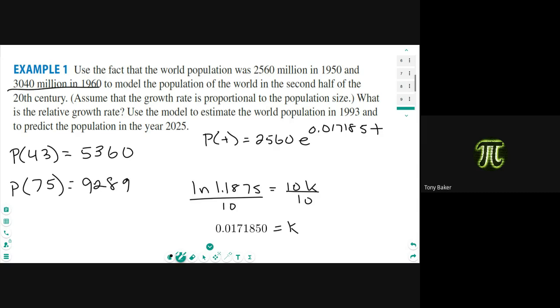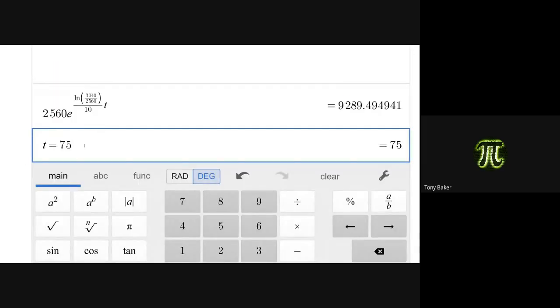Okay. But that's kind of the issue with, yeah. You could put a negative number in for T. So that would have been 1930, if I did 20 years, right?